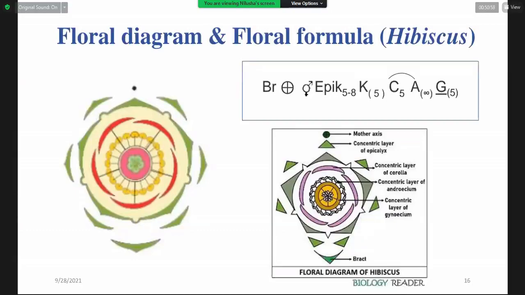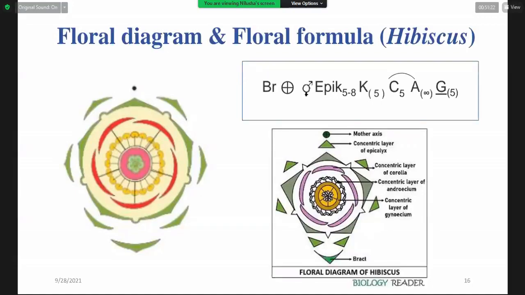Next is the corolla. Here, the one in red color is the corolla. The corolla is formed with 5 petals. These petals are not fused, so we draw them in separate form.